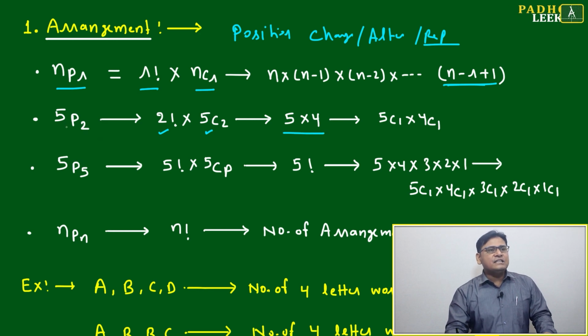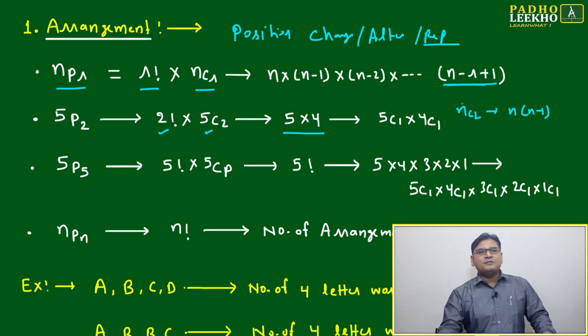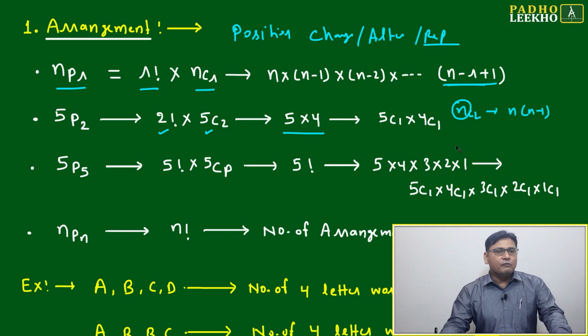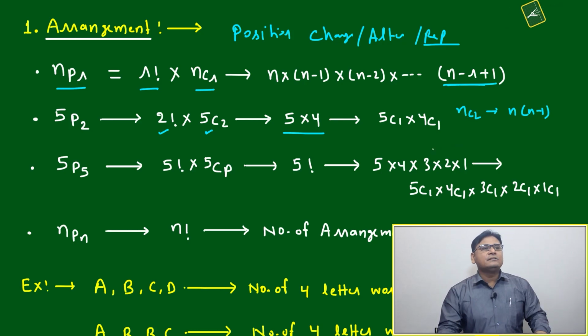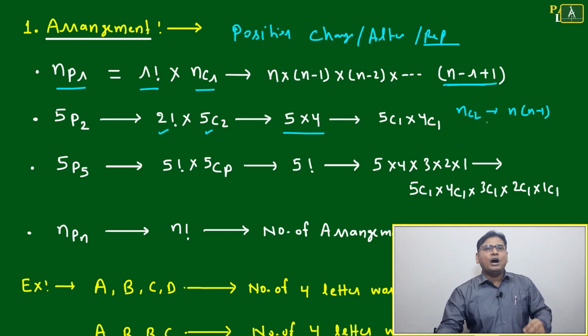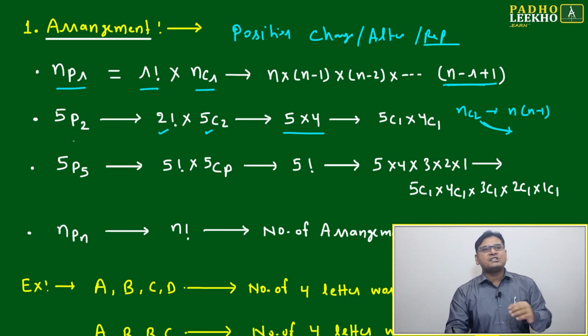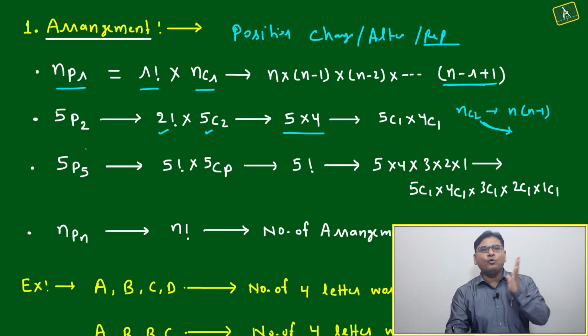Just suppose you want to write nP2, how to write? n into n minus 1. Whatever is given as the total number from which it will be arranged, you have to multiply that how many times? Whatever is given as the lower number. Means 5P2, you multiply 5 two times consecutively, 5 into 4.